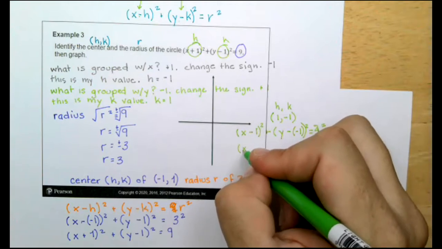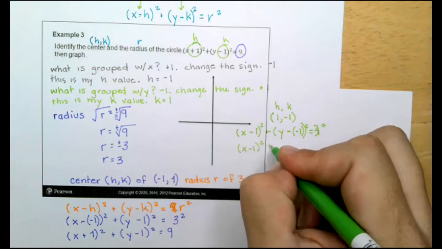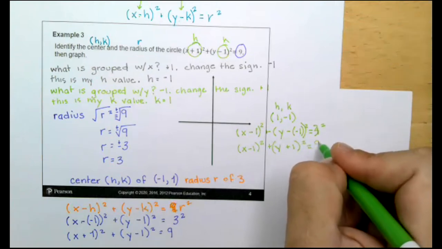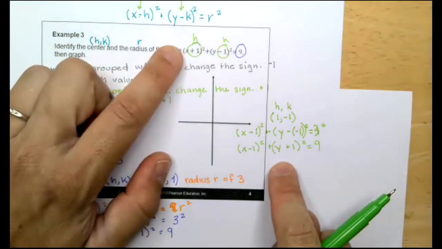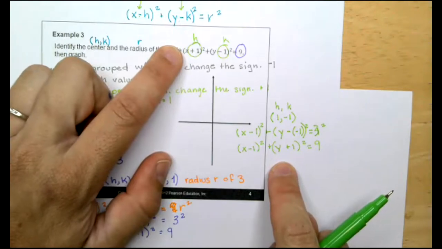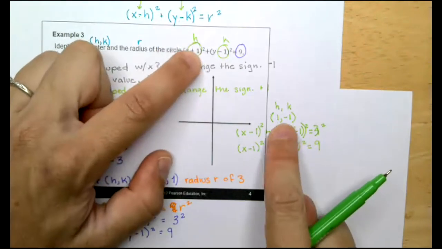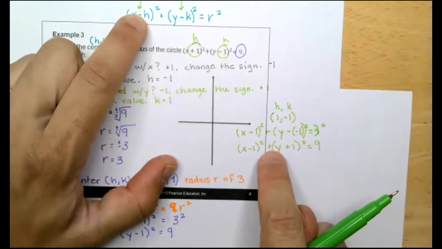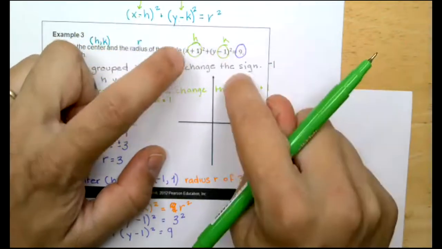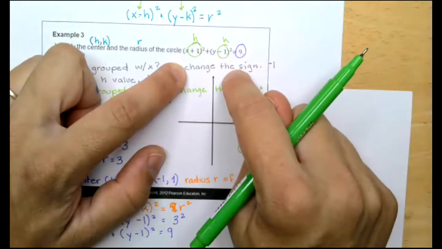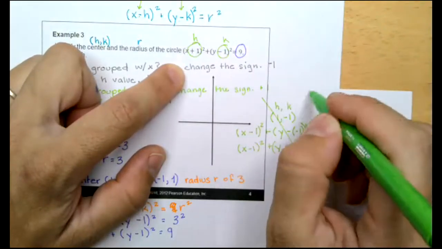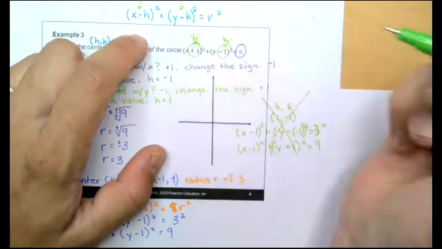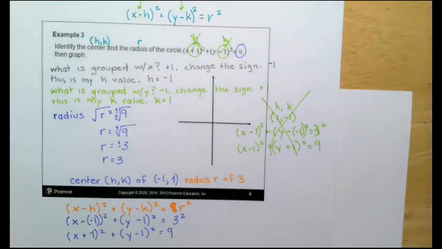So then I would end up with x minus 1 squared plus y plus 1 squared equals 9. And that is not the same, right? So if I just try to say h is positive, k is negative, I will not get the right equation because of those minus signs. So change the sign, very important, okay? This is wrong. This cannot be h, this cannot be k without changing the sign.